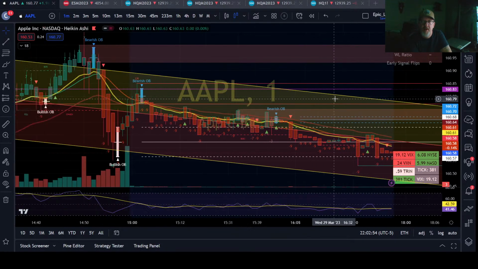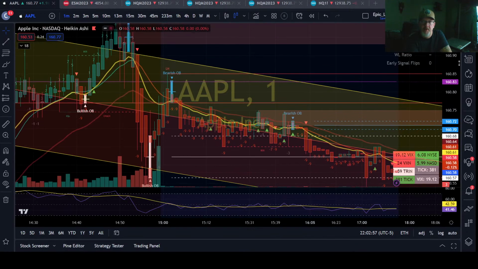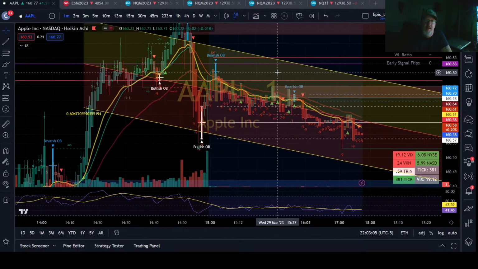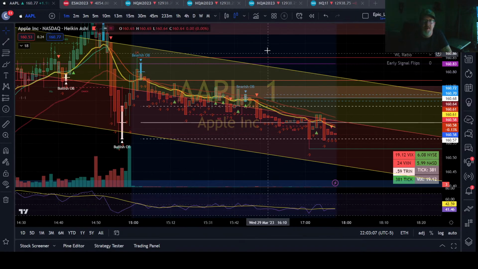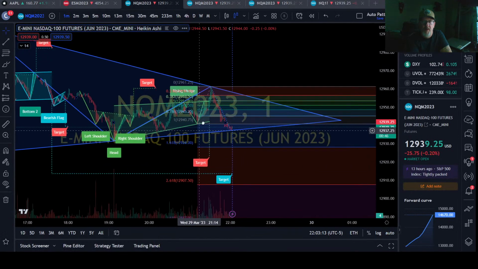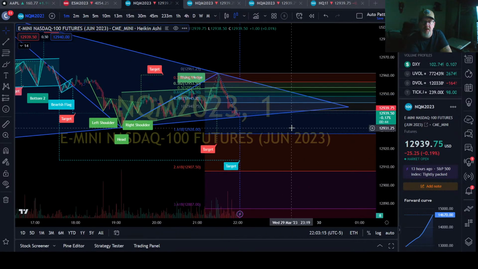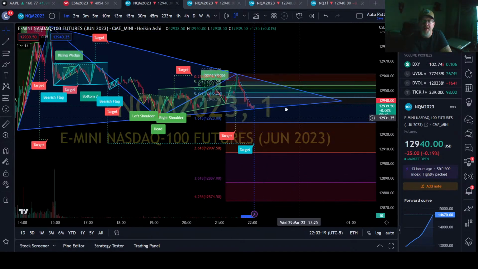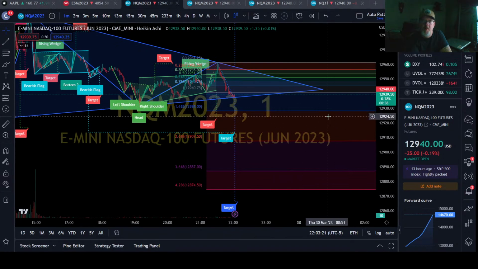One of those three, because those can tend to move the market, more so Apple and Google and Amazon, not so much Tesla, but there are times where Tesla can crank up and it affects the market too. So during regular trading hours, I'll take a look at my auto patterns. It really just helps confirm what I'm already thinking about doing, what I'm already seeing.